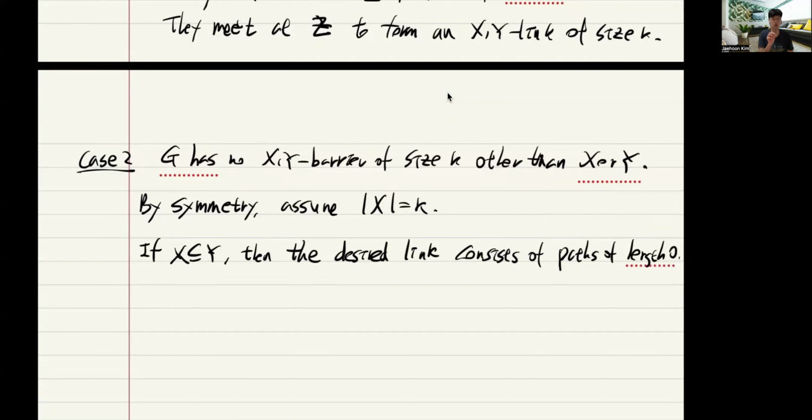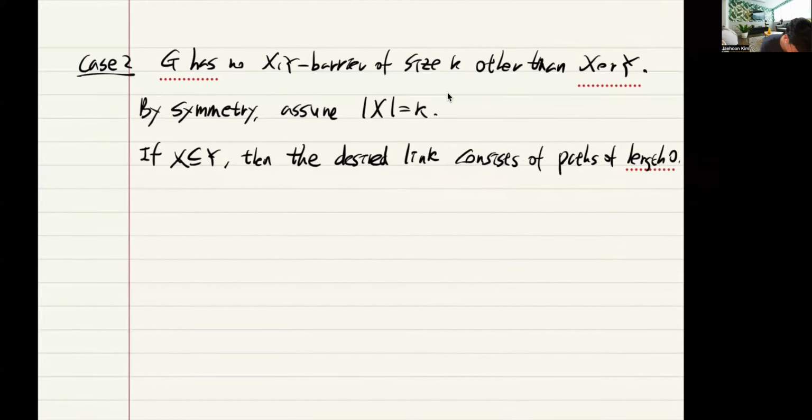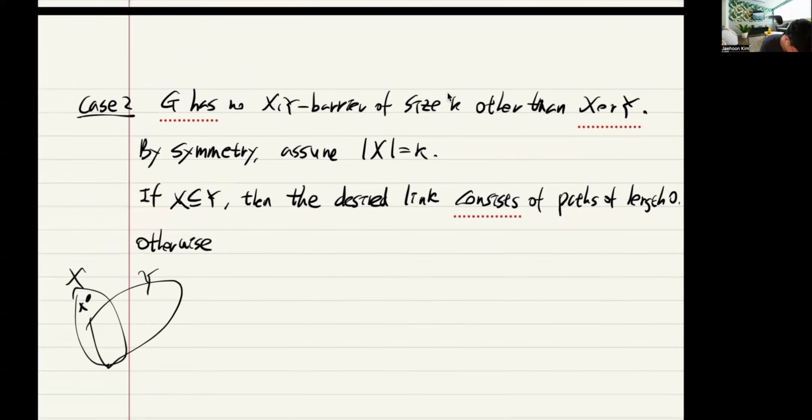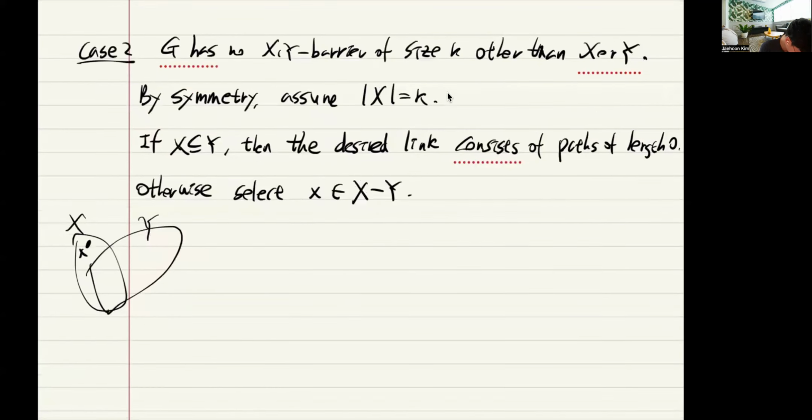We can just take the one vertex path for each vertex in X, then that's already done. Otherwise, we have X, and then some of them are Y. There must be some vertex here, which is the lowercase x. We select x in this set.